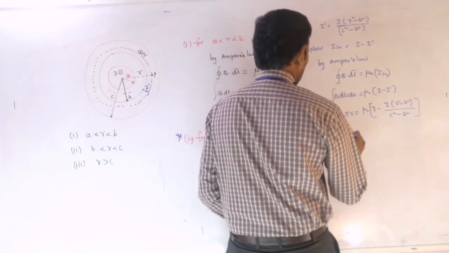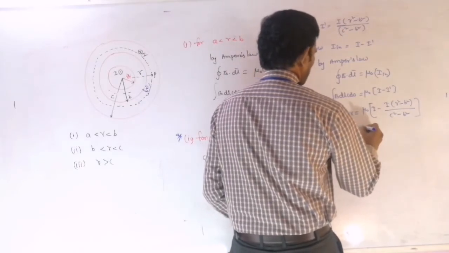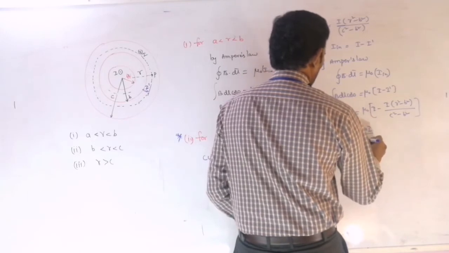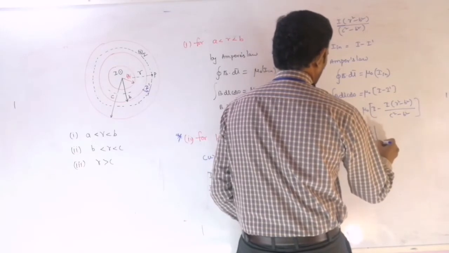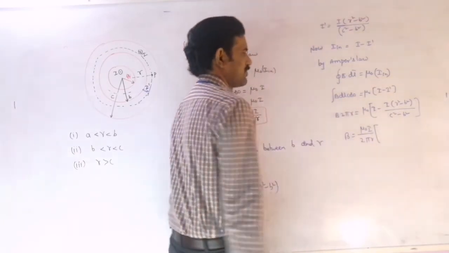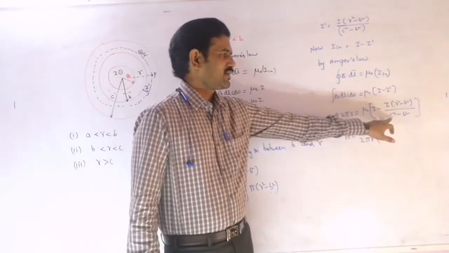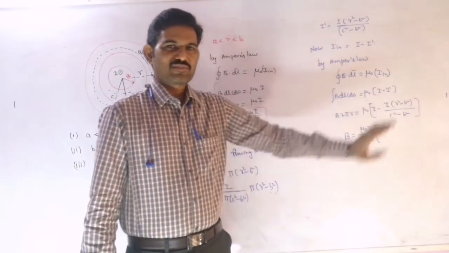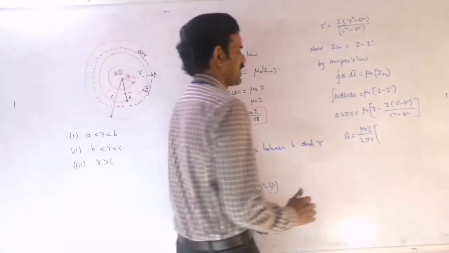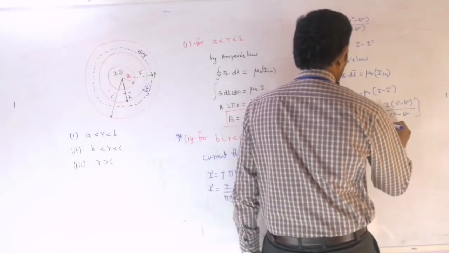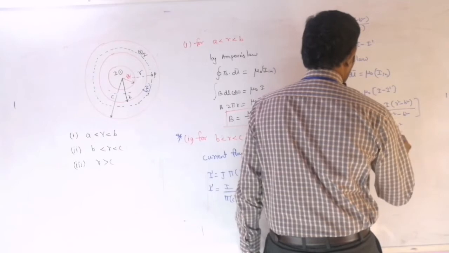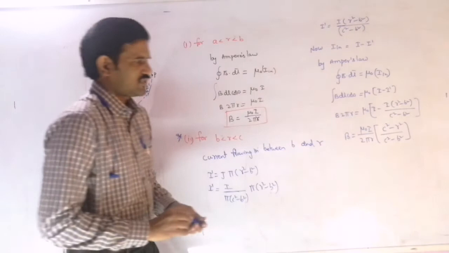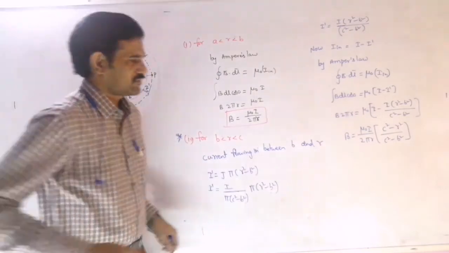So B is equal to mu naught I by 2 pi r into, now do the simplification. If you take I common here, then c square minus b square minus r square plus b square you will get. So the b square term will be cancelled. What we can write here is c square minus r square by c square minus b square. So this will be the magnetic field at that point.